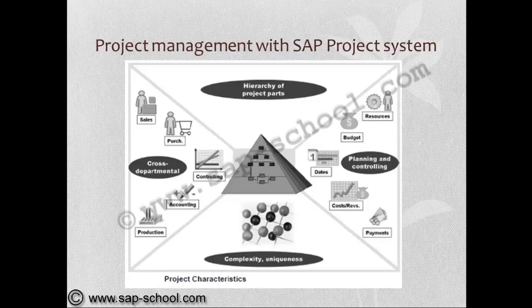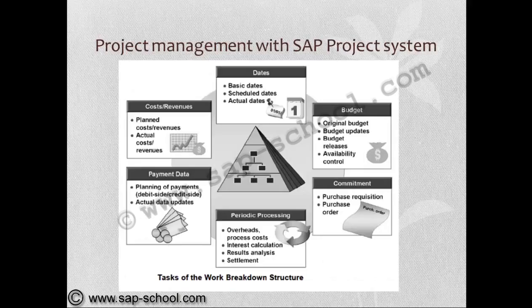Over here we can see the entire life cycle of a project and its characteristics: complexity and uniqueness, cross-functional departmental involvement, hierarchy of project parts, planning and controlling, integrated under the umbrella of project management of SAP PS.